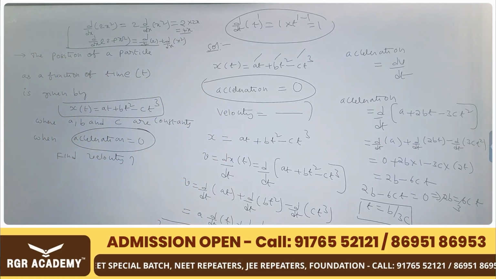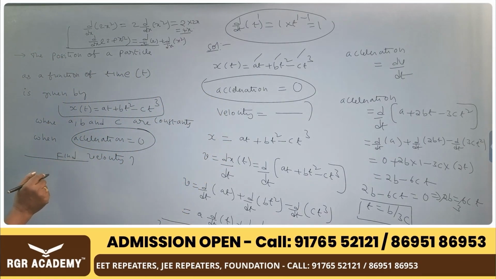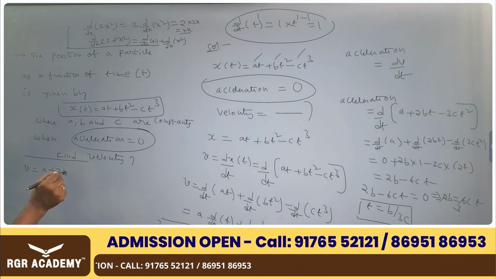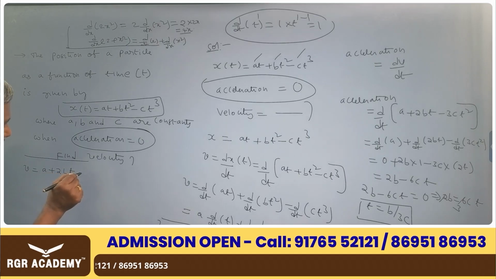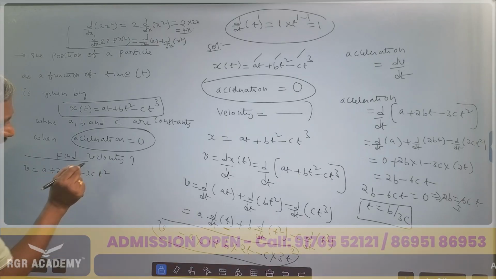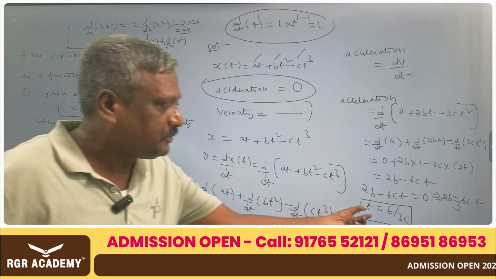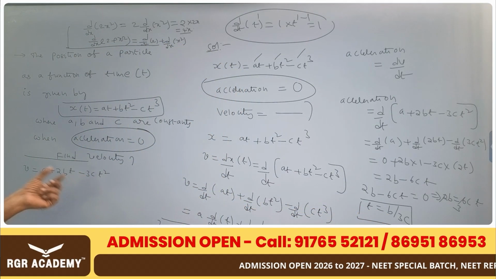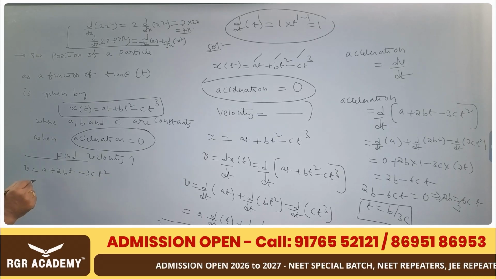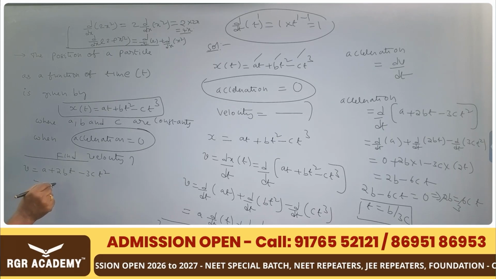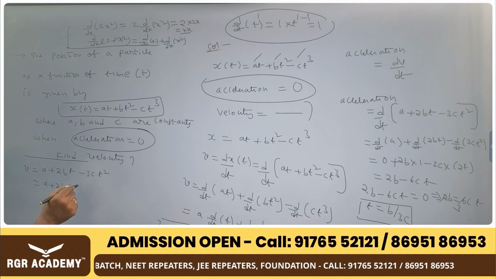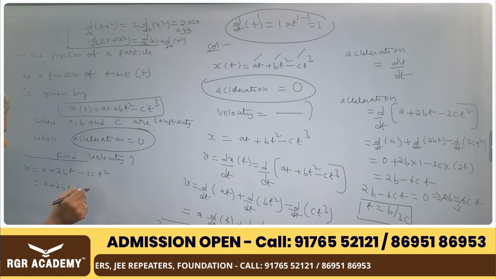V is equal to a plus 2bt minus 3c into t square. Substitute the value of t here. What happened from this? That is a plus 2b into t, where t is b by 3c, minus 3c into t square.